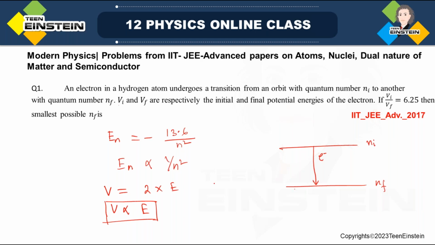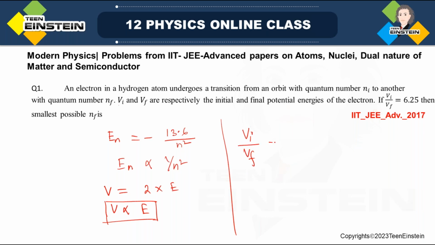So what we mean by this, I'll just write it here. Let us write this potential energy initial by final is equal to Ei by Ef. This we can write from this particular relation.